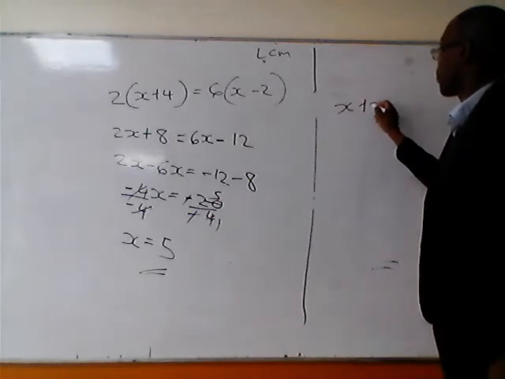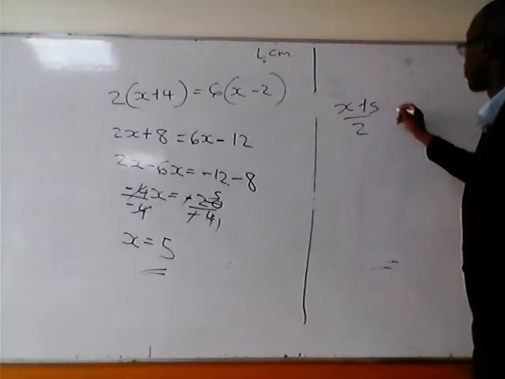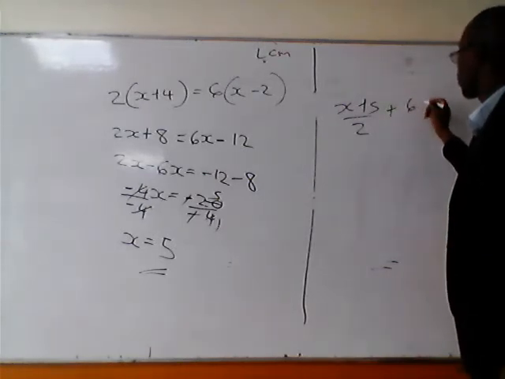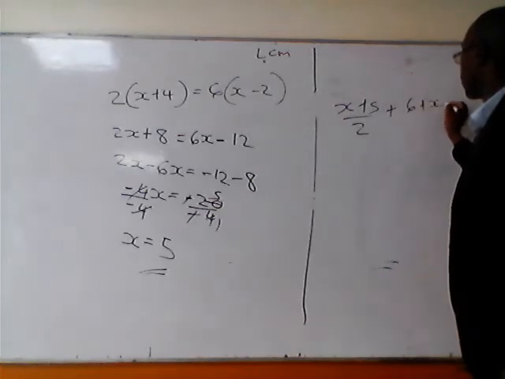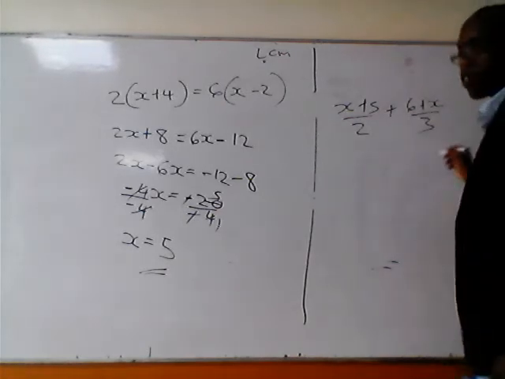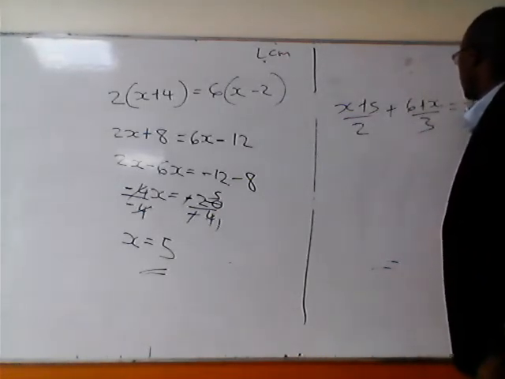x plus 5 over 2 plus 6 plus x over 3 is equal to 7.